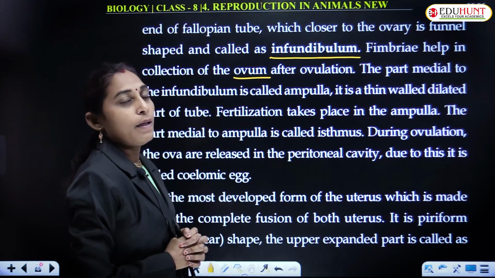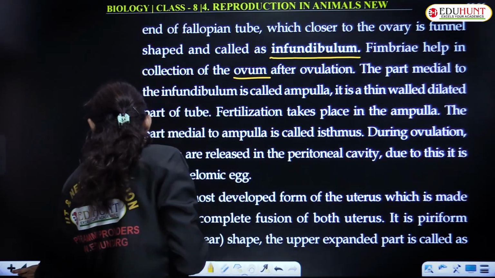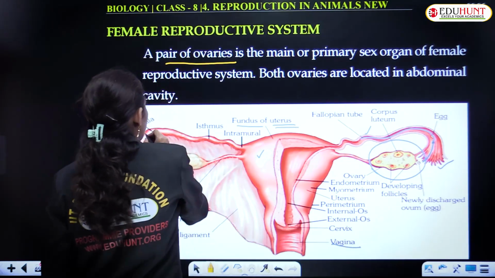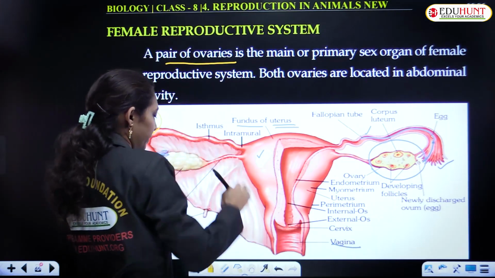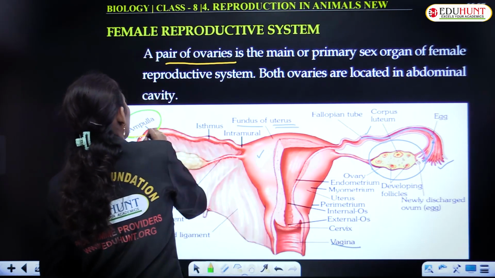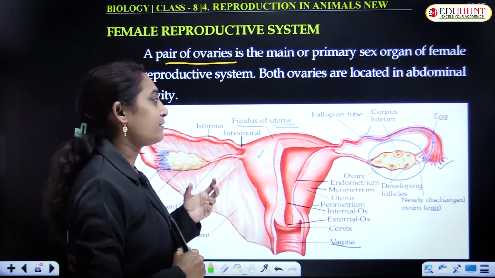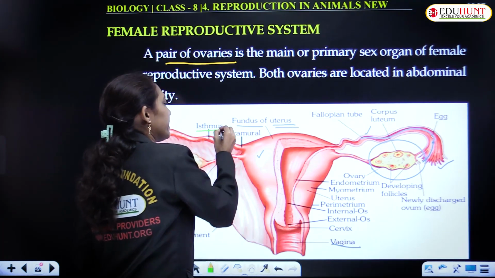The part medial to the infundibulum is called the ampulla. The middle part of the fallopian tube is known as the ampulla, and the distal part is known as the isthmus.